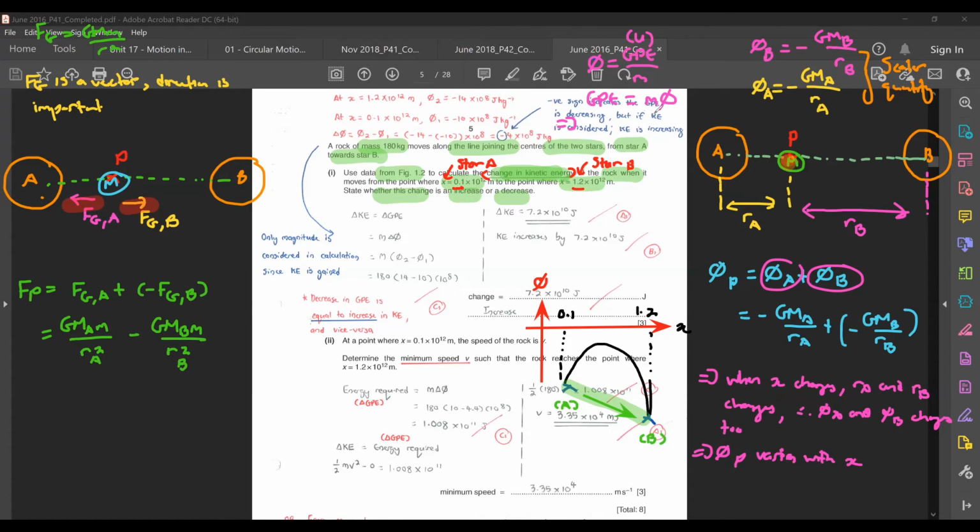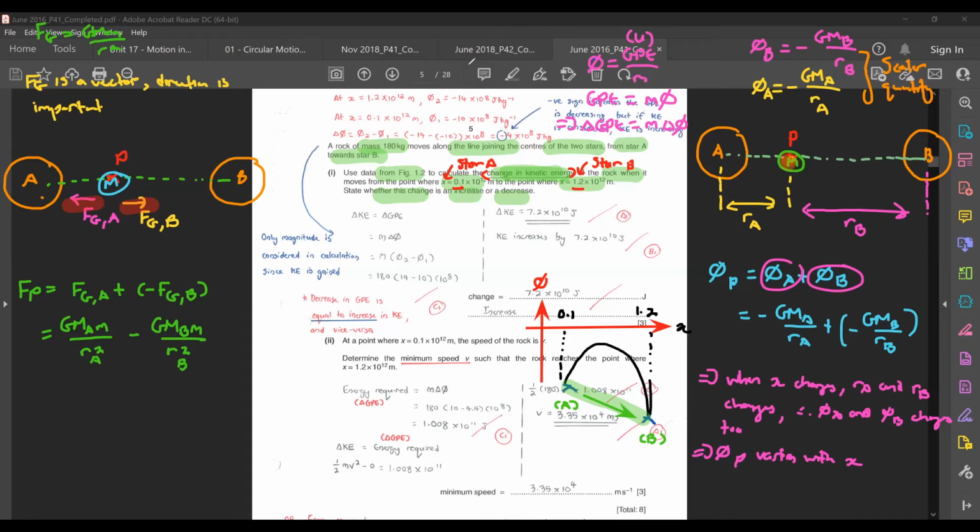GPE at a point is equal to the mass times the potential at the point. From here, the change in GPE is actually the mass times the change in potential. Now, if you are able to find the change in GPE, you will be able to find out the change in kinetic energy because of conservation of energy.